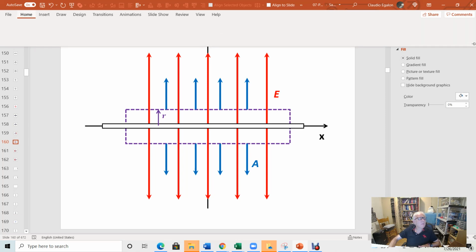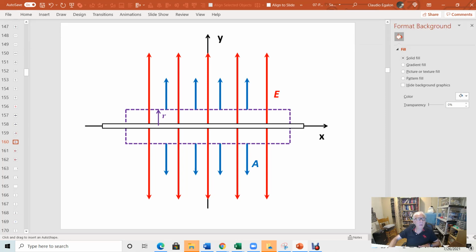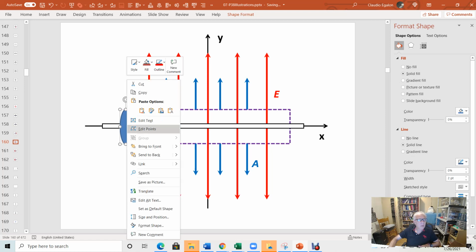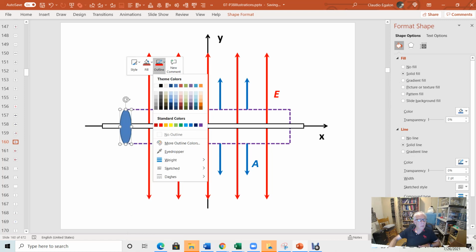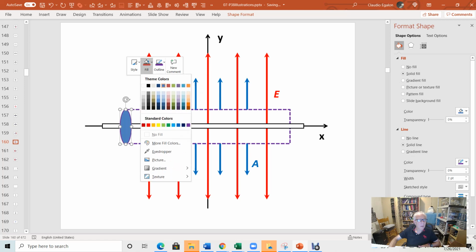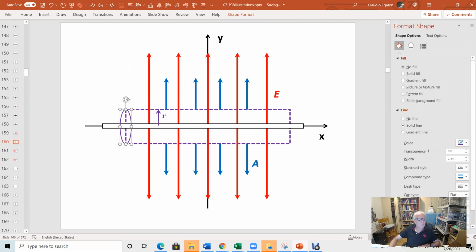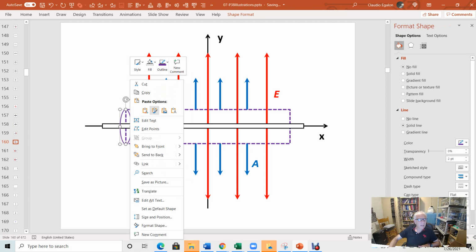Let me see if I can. Here you go. I'm going to make it appear that it is a cylindrical surface for you. I'm going to put no fill. Okay, like that. Do you believe now? And I'm going to make it dashed as well.